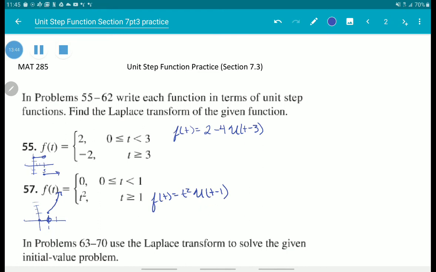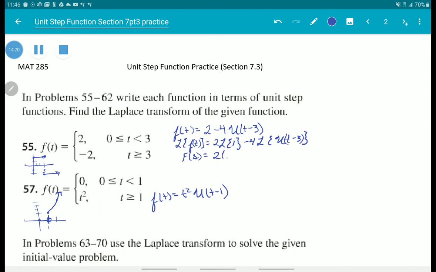Now, let's talk about taking the Laplace of these. So if I want to take the Laplace of this guy, we're going to have the Laplace of 2, or we could write that 2 Laplace of 1, minus 4 Laplace of the unit step t minus 3. So the Laplace of f is just that capital F of s.